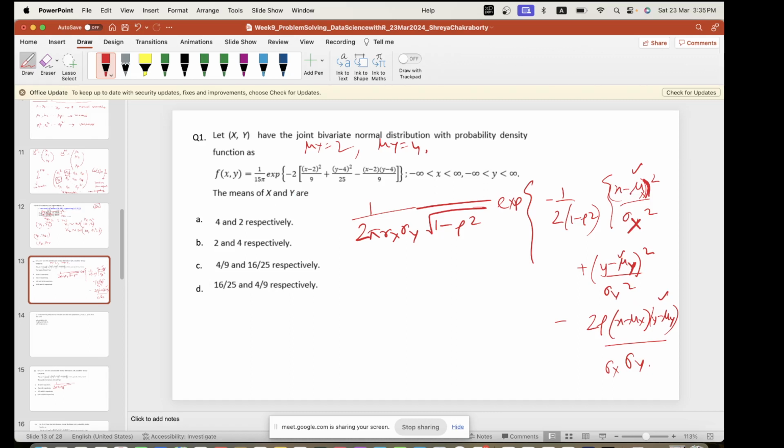So if we write here, x minus mu x square is x minus 2 square, y minus mu y square is y minus 4 whole square, and then we have x minus mu x into y minus mu y as x minus 2 into y minus 4. From here we can see that nothing is involved in the denominator, the denominator doesn't involve mu x and mu y, so we can straightforwardly deduce that mu x is 2, mu y is 4.